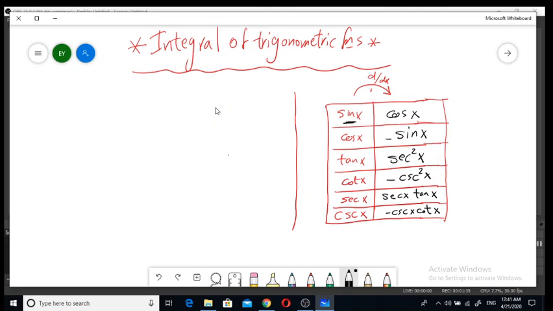So we have studied before the 6 derivatives of the basic trigonometric functions.